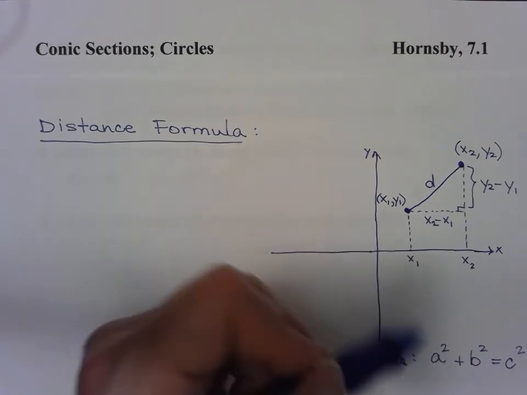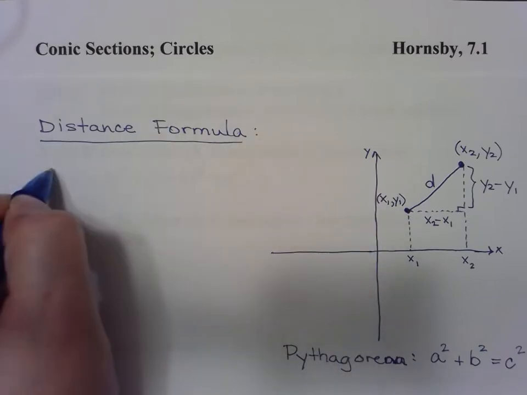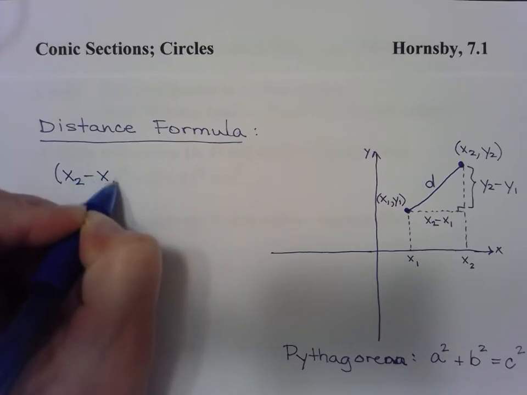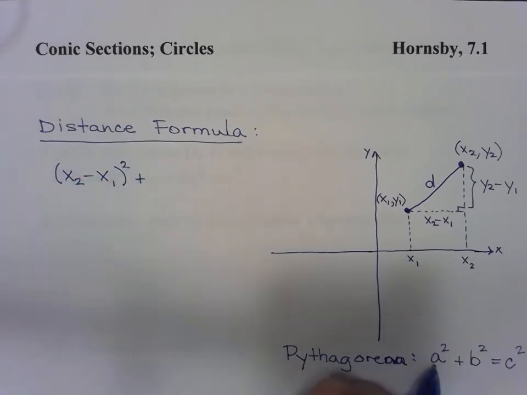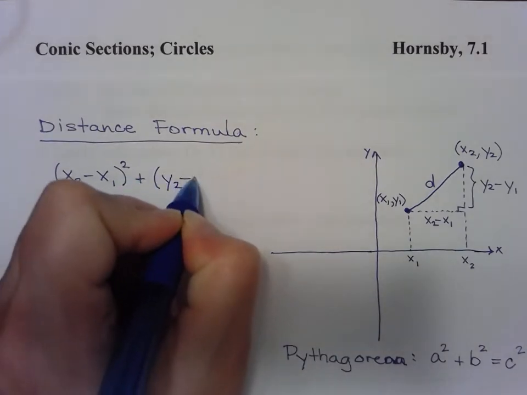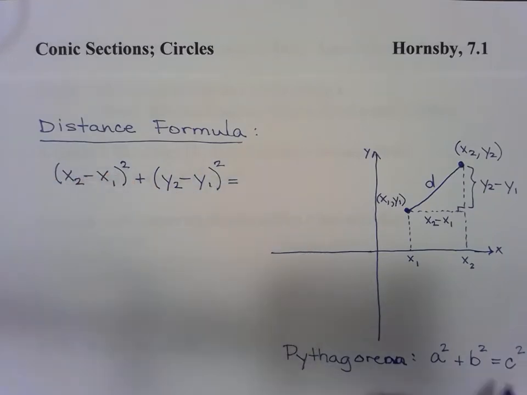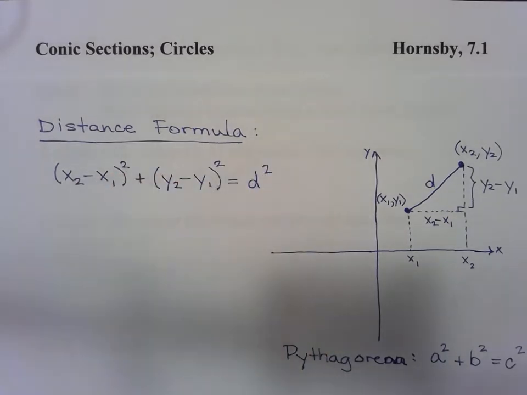Okay, so now let's use this in conjunction with the triangle we just drew. We have x2 minus x1 squared, that's acting like side length a, plus y2 minus y1 squared, that's acting like side b, and then the hypotenuse is the distance we are trying to find, d squared.